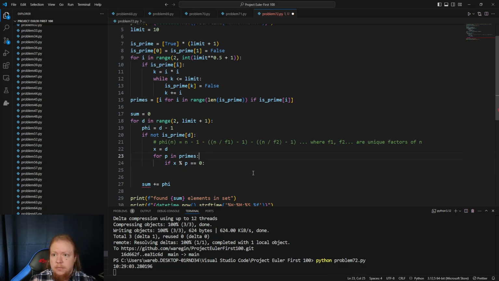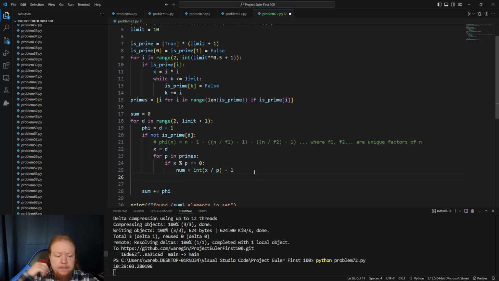Actually, no, never mind. I was thinking maybe I only calculate that before, because what I need to do is set x equal to this right here.